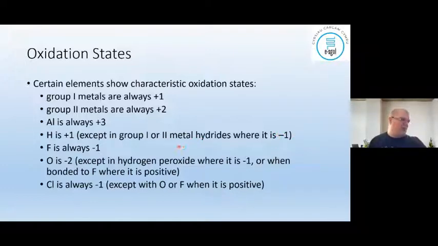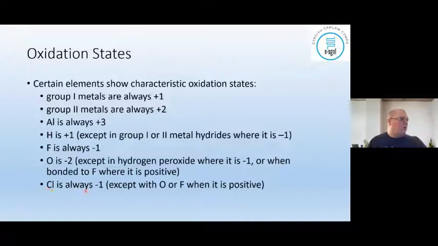If you've got hydrogen joined to a group 1 or group 2 metal, its oxidation state is -1 instead of +1. Fluorine is always -1 under all circumstances. Oxygen is always -2, except in hydrogen peroxide, where it is -1, or when it's bonded to fluorine, and because fluorine is always -1, then the oxidation state of oxygen will be positive.